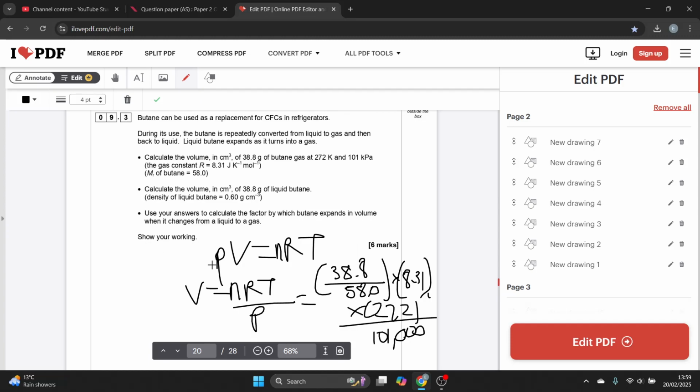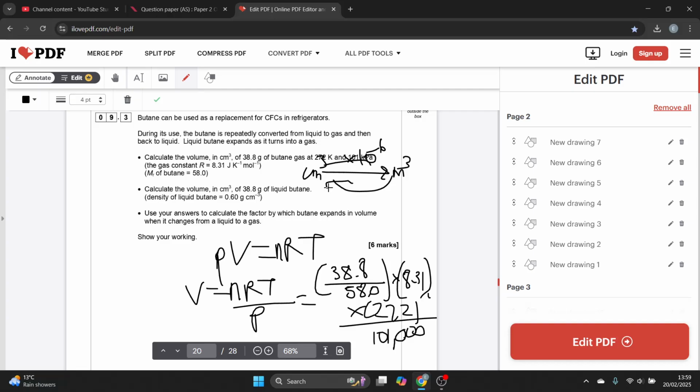Volume in the ideal gas equation is measured in meters cubed, and I want it in centimeters cubed. Centimeters cubed to meters cubed, I times by 10 to the power minus 6. Therefore, meters cubed to centimeters cubed, I times by 10 to the power 6, so I times by a million.